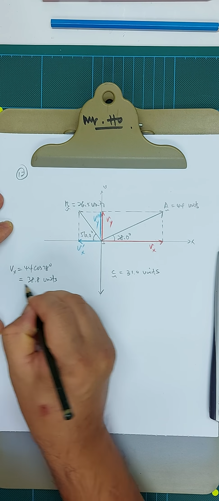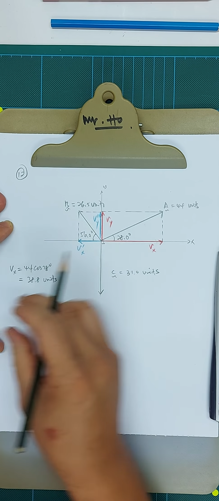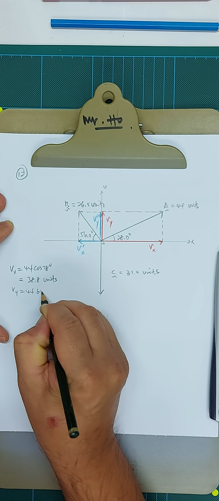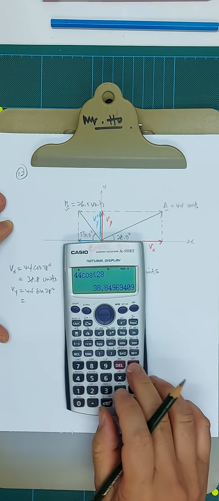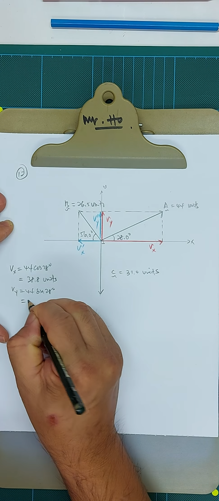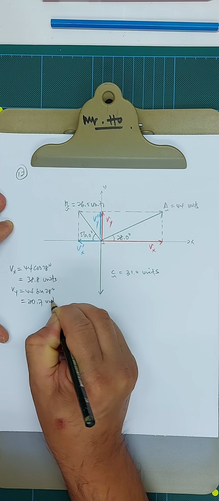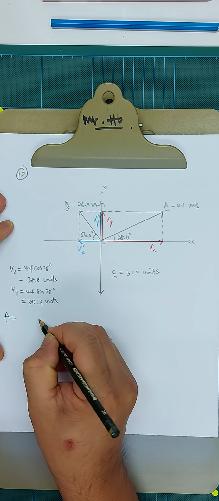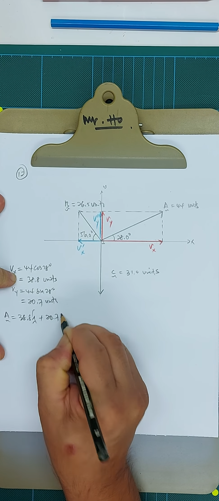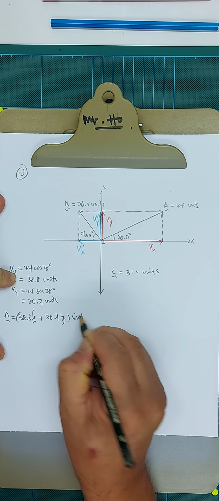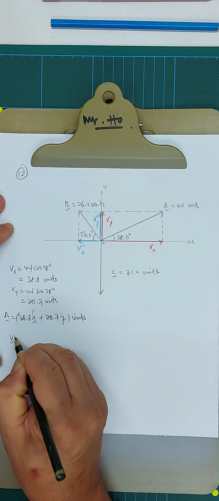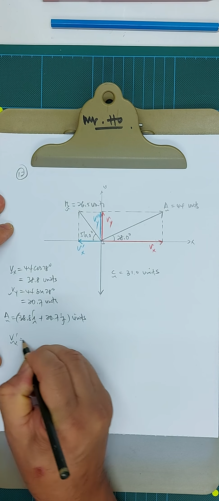Our Vy is 44 sine 28, which gives 20.7 units. So our vector A is equal to 38.8i plus 20.7j units.